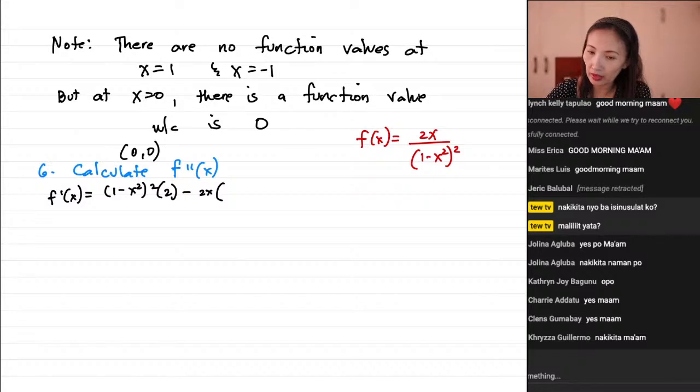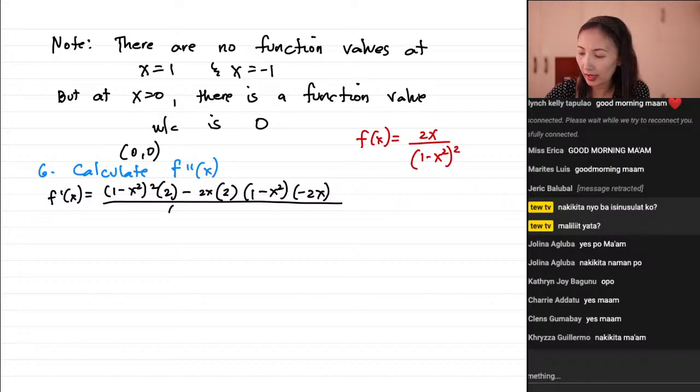The derivative is 2, the exponent, times 1 minus x squared to the exponent minus 1, times the derivative of the base, which is negative 2x, all over the square of the denominator, which is 1 minus x squared to the fourth power.